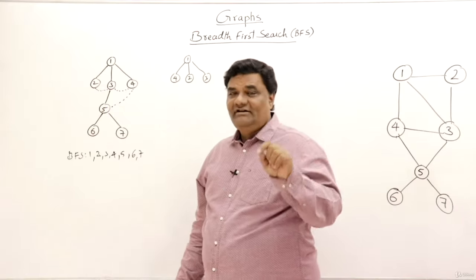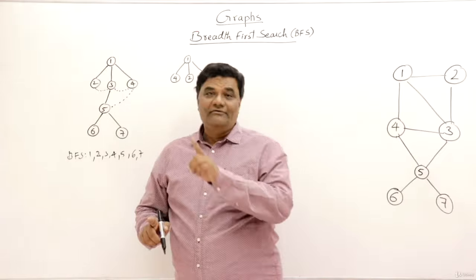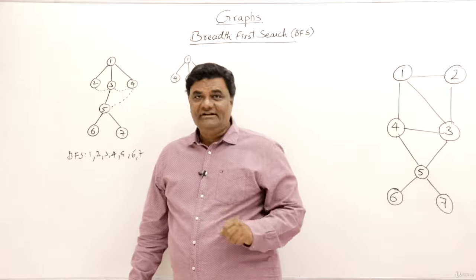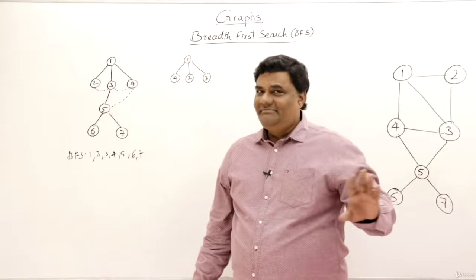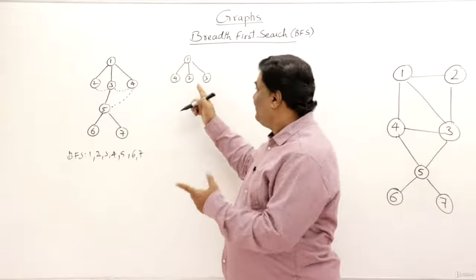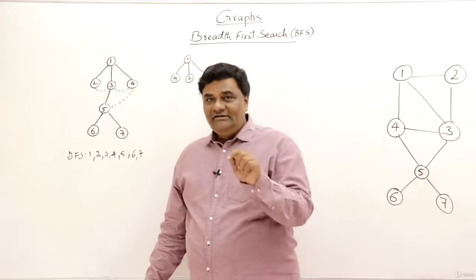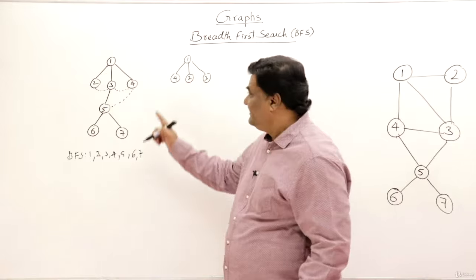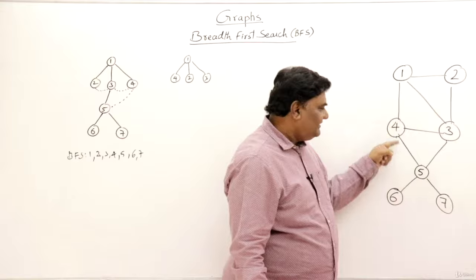The objective here is that you must visit all adjacent vertices of vertex 1, the starting vertex. In which order, it doesn't make any difference. First time it was 2, 3, 4. Now it is 4, 2 and 3. So yes, this order is also correct. Then whose adjacent vertices should I take next? 4's. Who are adjacent to 4? 3 and 5.